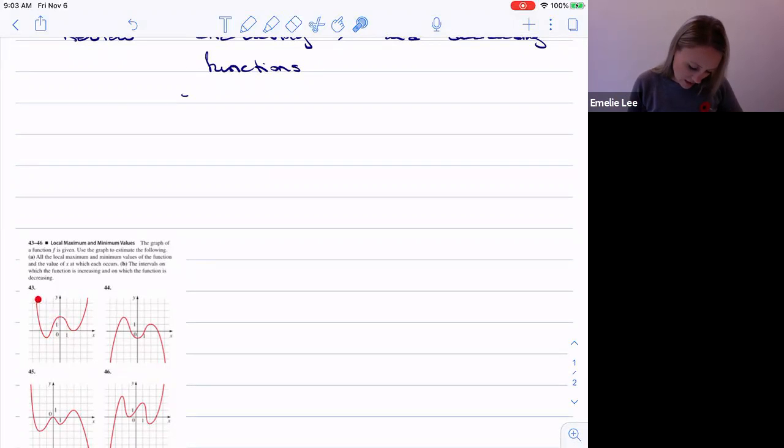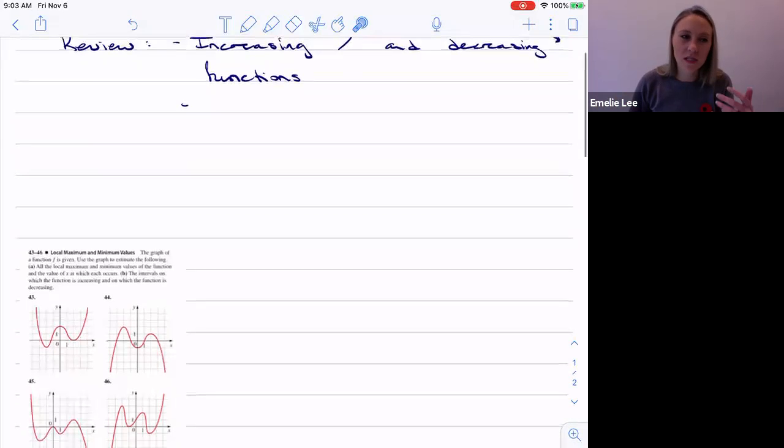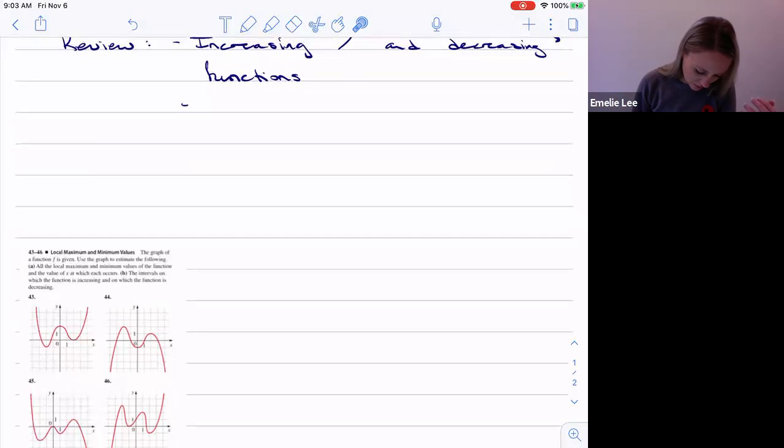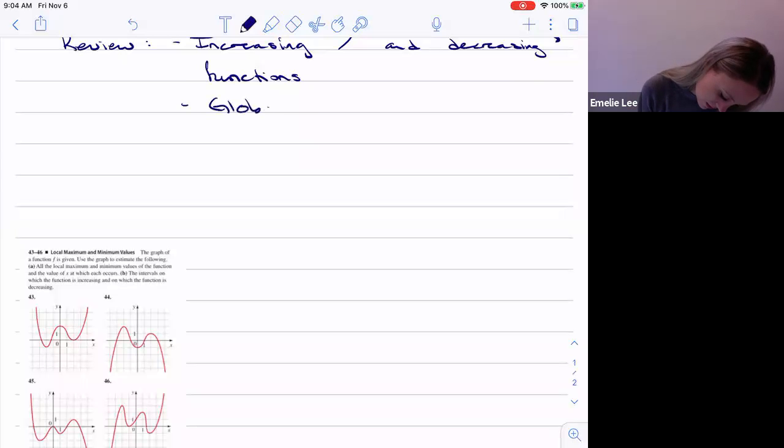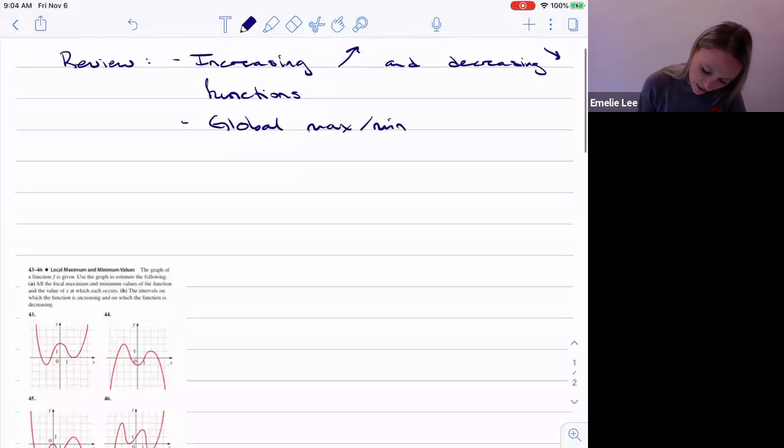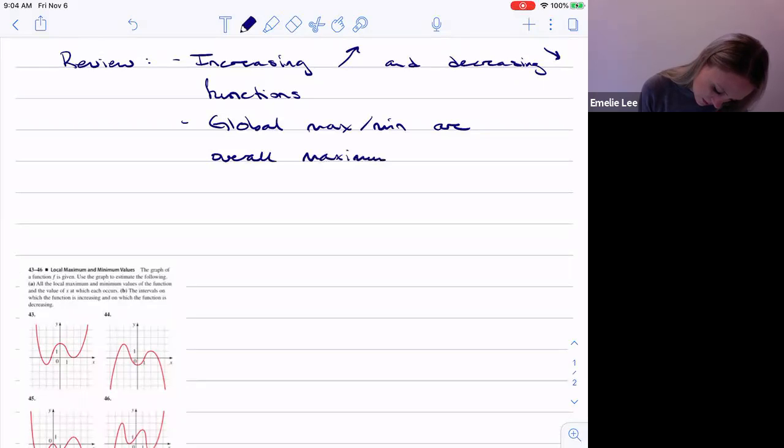We see that these tails keep going higher than that maximum, so that's what makes it a local maximum, and this is a local minimum, and this is a global minimum. The global max or min are the overall maximums or minimums.